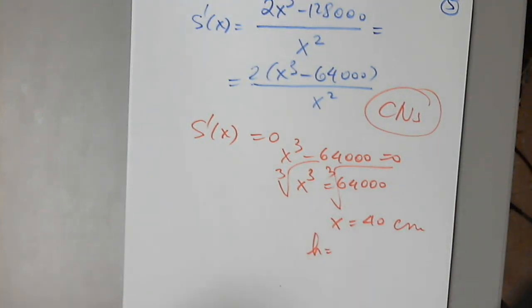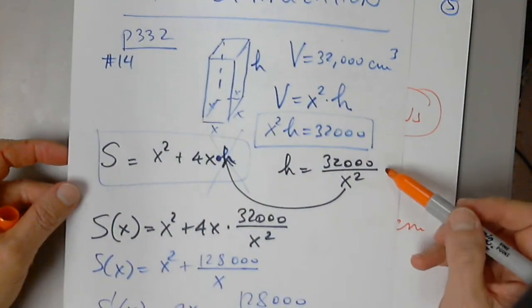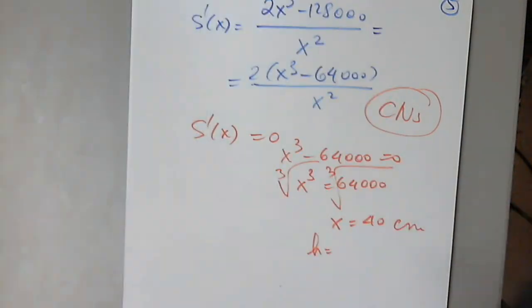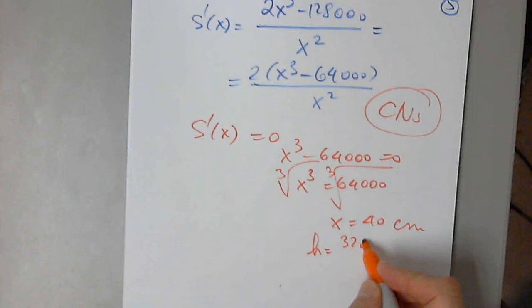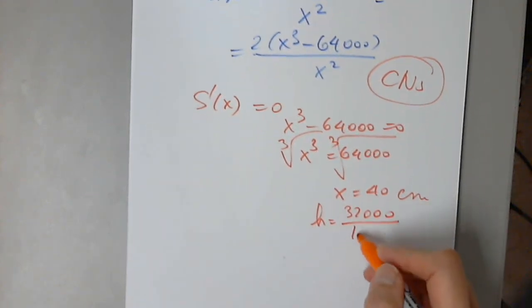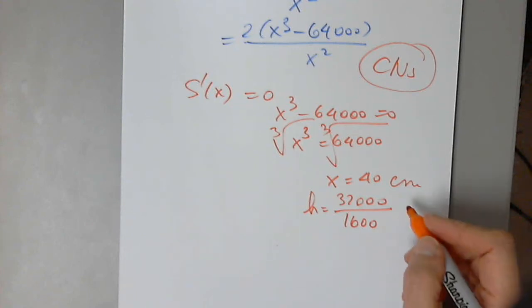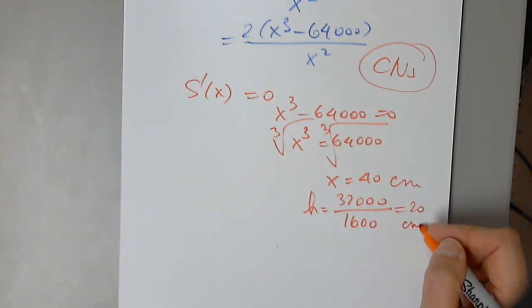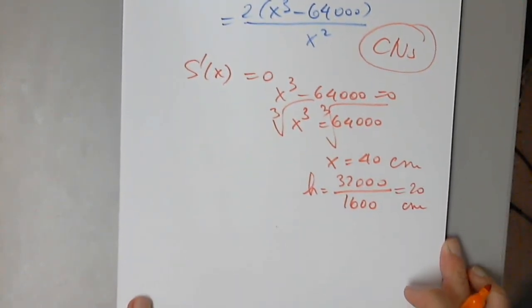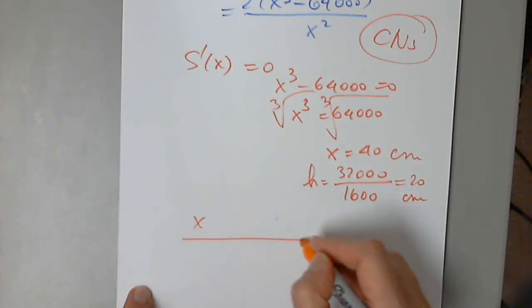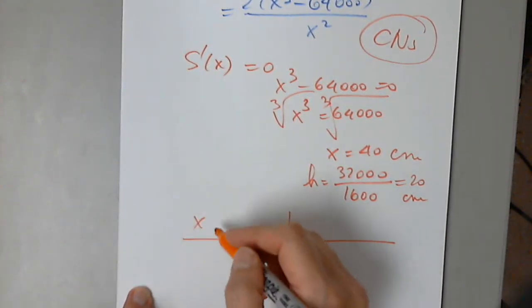And h was 32,000 divided by x squared. So then this is 32,000 divided by 1,600. So this is 20 centimeters. But as I mentioned, this is not good enough.